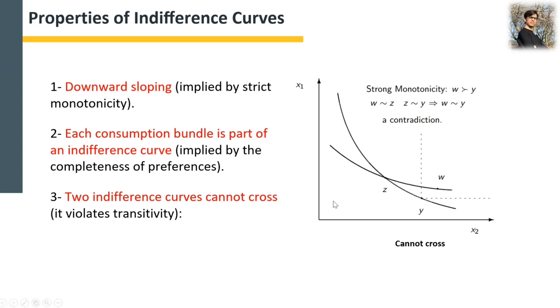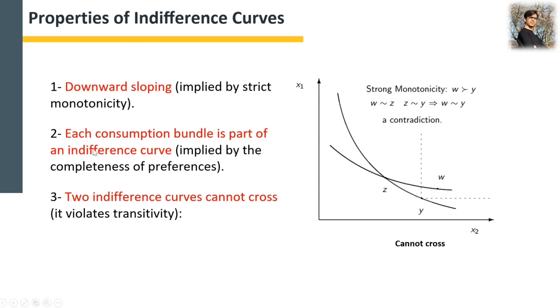For example, in this graph, when we increase the level of x2, we need to decrease the level of x1. Or another way, if we increase the level of x1, we need to decrease the level of x2. And also, strict monotonicity implies that a higher indifference curve provides a higher level of utility than a lower indifference curve.